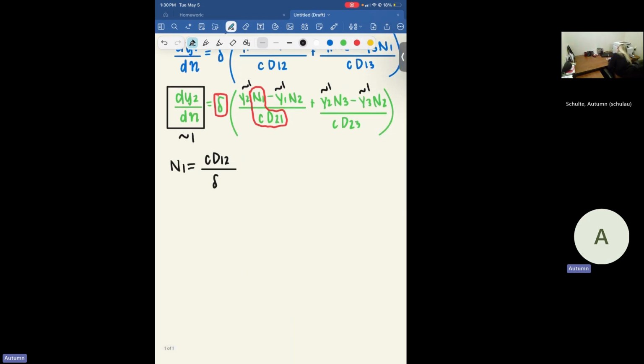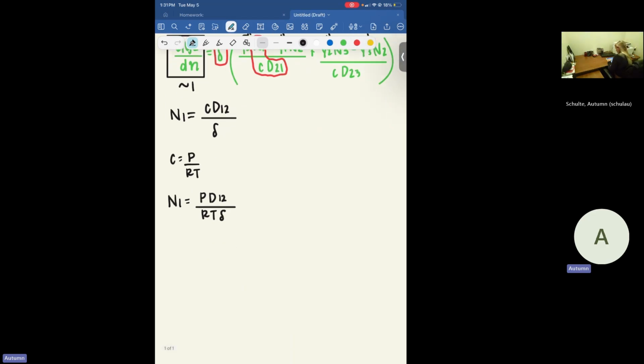Now, if we remember from our previous video, we said that the concentration was equal to the pressure divided by our gas constant R and our temperature T. So if we plug that in, the molar flux of ethanol is equal to the pressure multiplied by the diffusion coefficient of ethanol through acetaldehyde divided by the gas constant R multiplied by T, our temperature, and that distance delta.